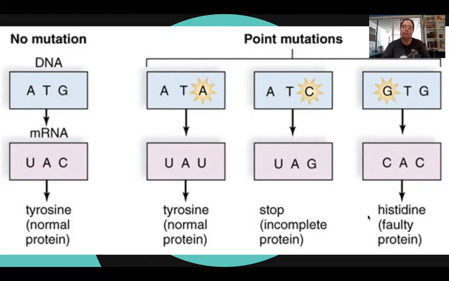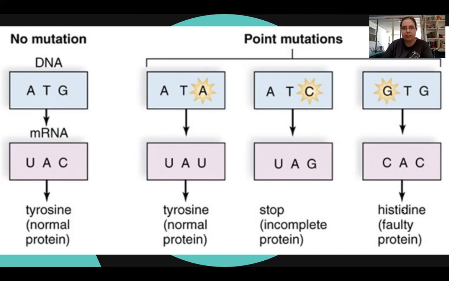Having a different amino acid in one location can cause it to not fold up correctly, which means you'd end up with a faulty protein. It's not doing the job it's supposed to. And again, that can have pretty serious complications and effects.